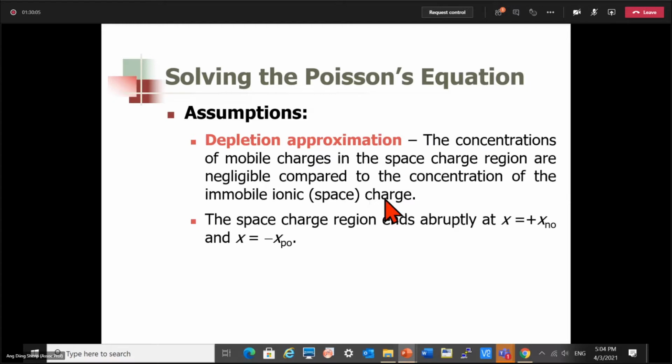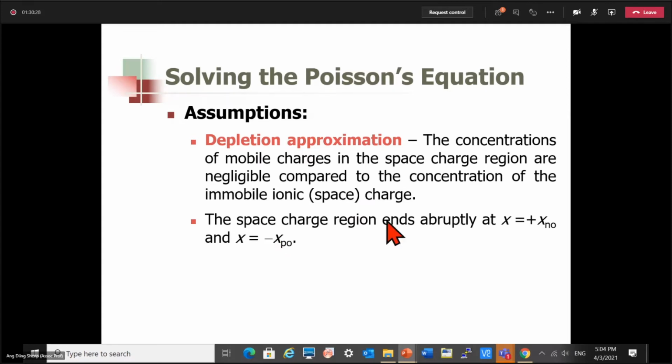Immobile ionic charge refers to the ionized impurity atoms. This is an approximation. Strictly speaking, in a real practical diode, we do get some electrons and holes present in the space charge region, but we will neglect them in our analysis.